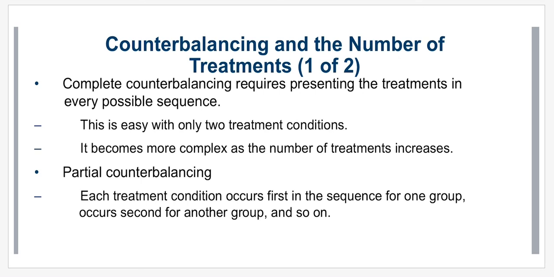And so in order to have that complete counterbalancing, you have to use every possible sequence, every combination of conditions. With two conditions, it's extremely easy, right? You literally just do like we talked about with that other study where 50% did treatment 1, treatment 2, and then 50% did treatment 2, treatment 1. That's the only possibilities, and then it's over, right?